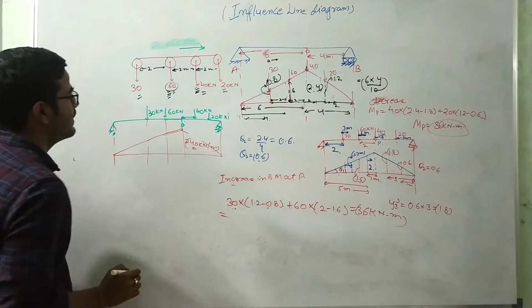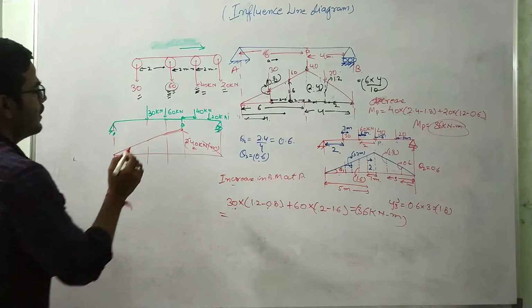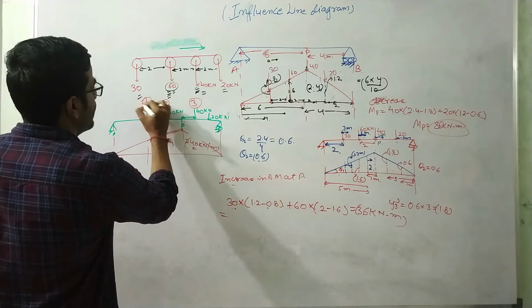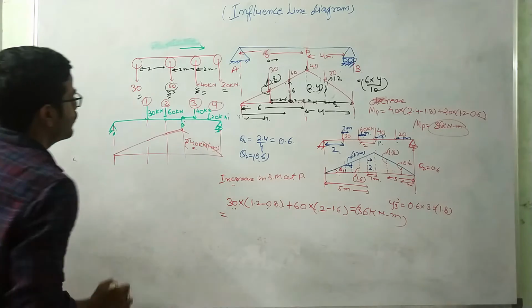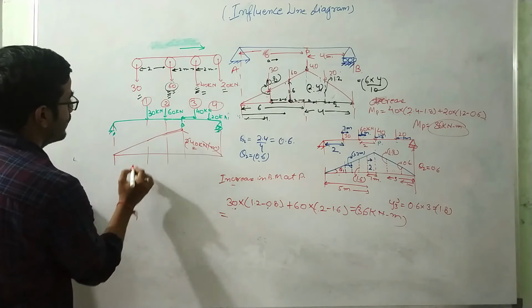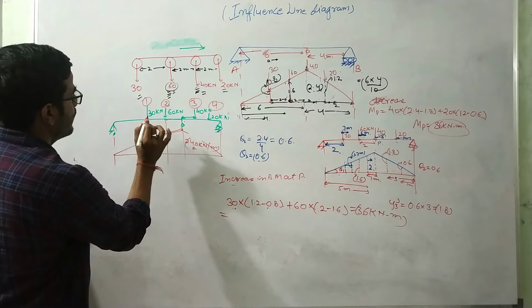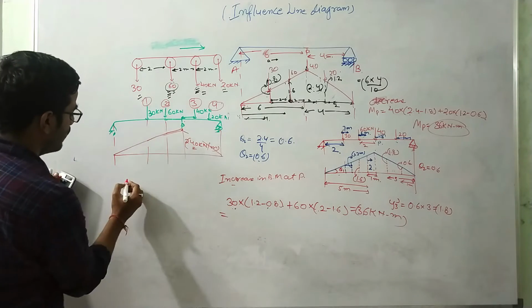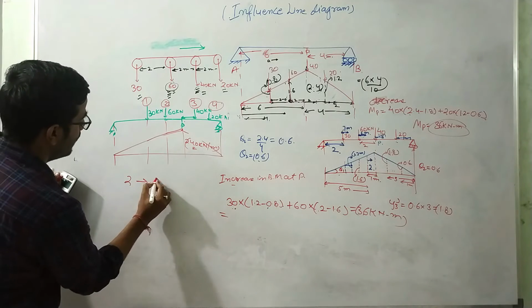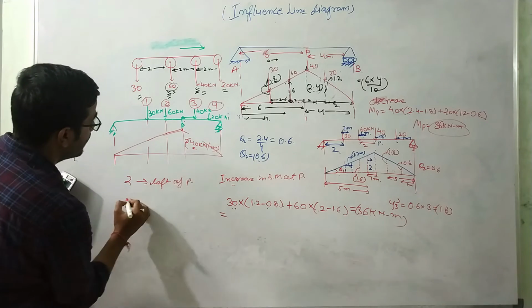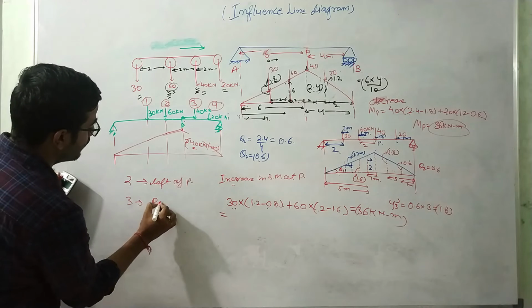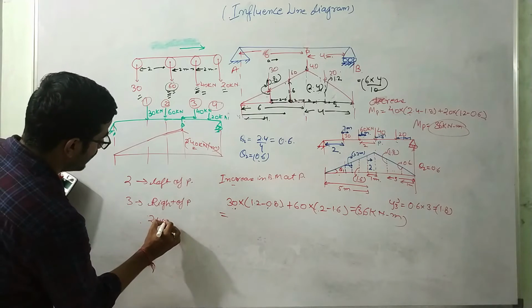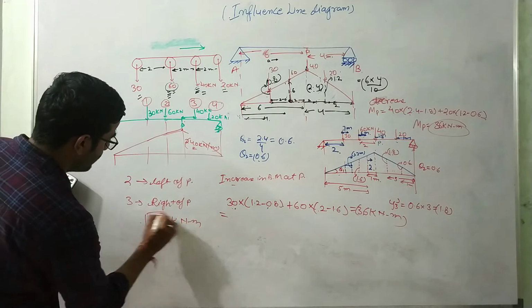So we can say that, let us suppose this load is 2 and this load is 3 and this load is 1 and this load is 4. If the second load, the load 2, is left of P and the third load, load 3, is right of P, then we will get the 240 kilonewton meter value always.